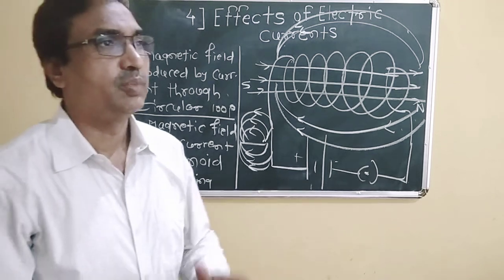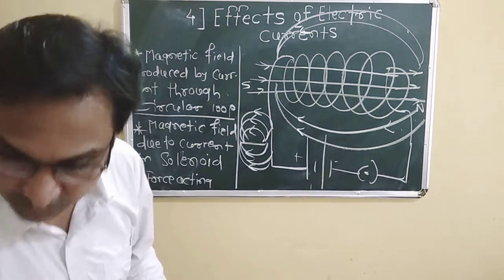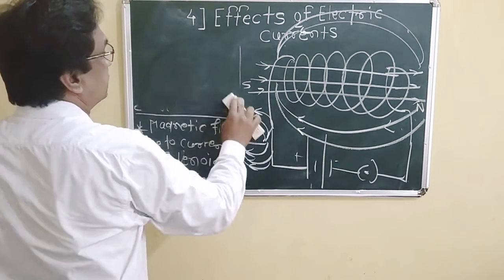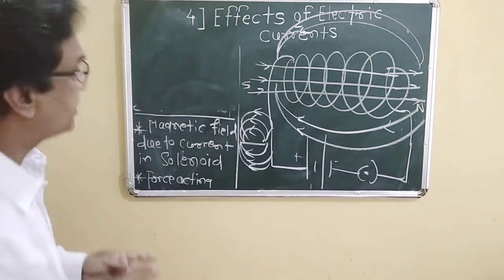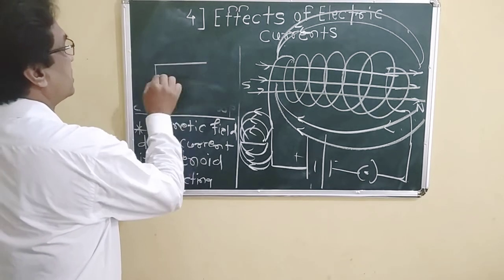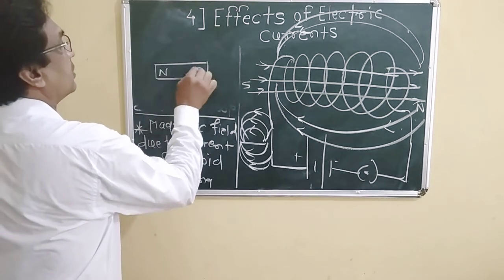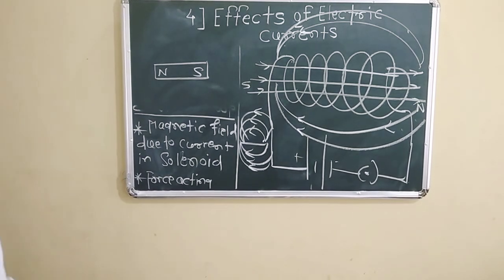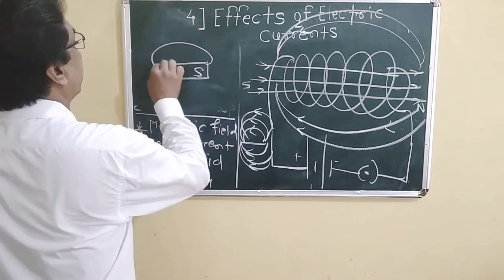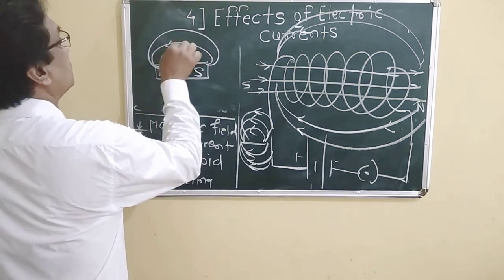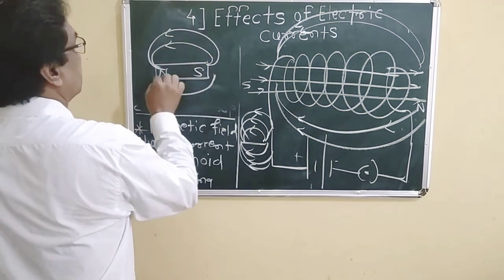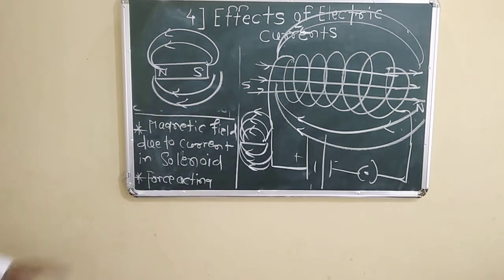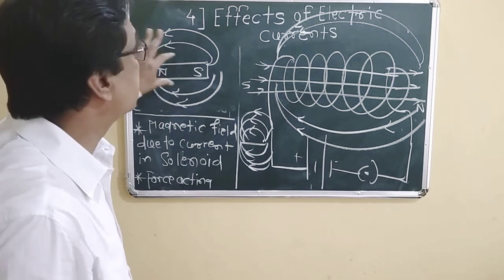For a bar magnet, we can see that in a bar magnet the lines of force are like this. The same thing happens here.